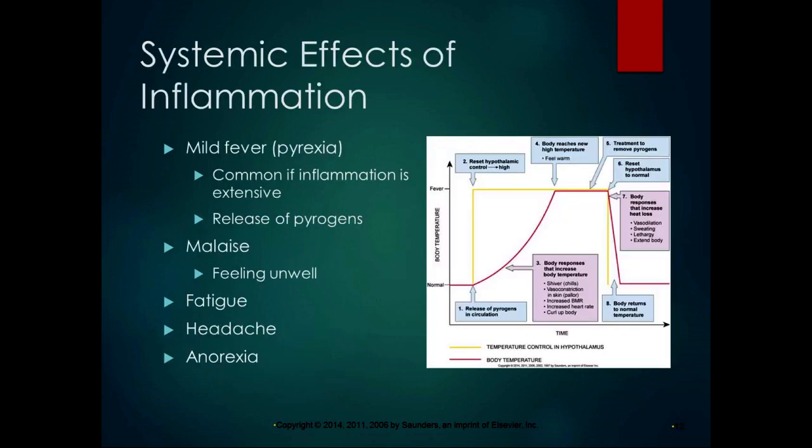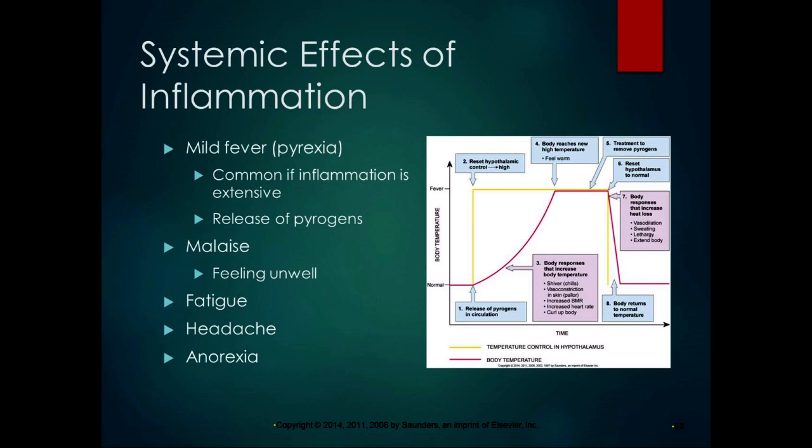So we've talked about the localized effects of inflammation. There can also be some systemic effects. You get a mild fever, which is called pyrexia. Pyr is the prefix meaning fire, and exia is like a condition. It's common if you have extensive inflammation.